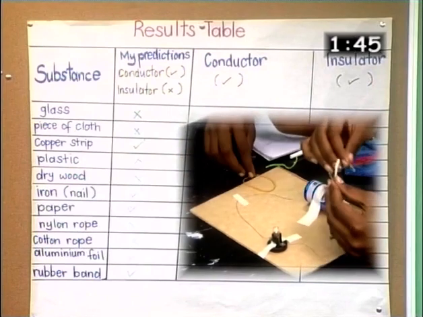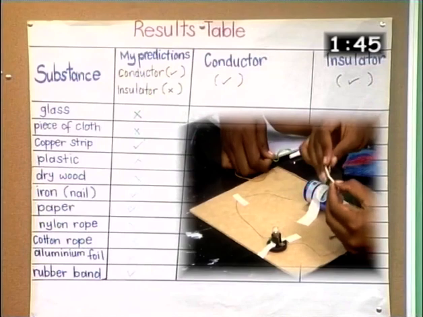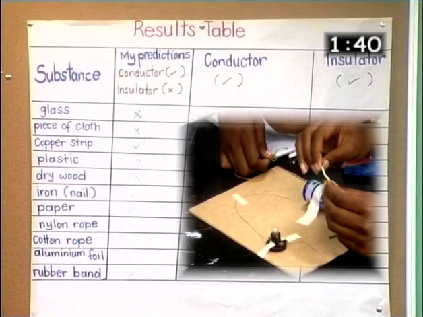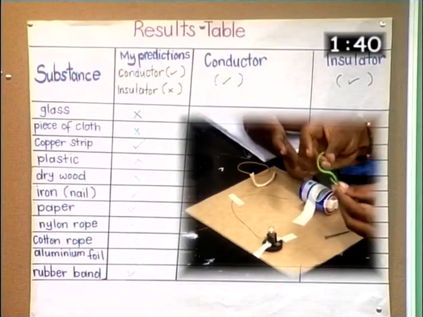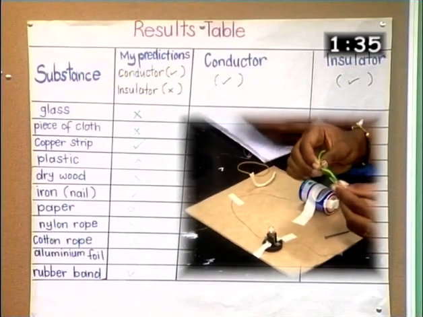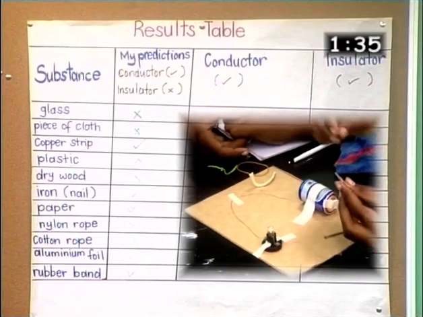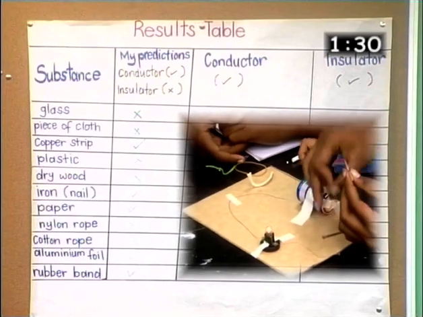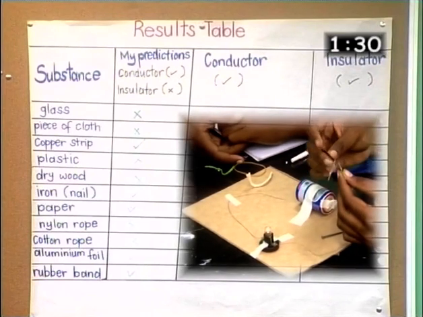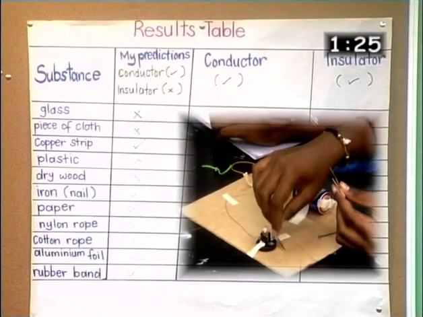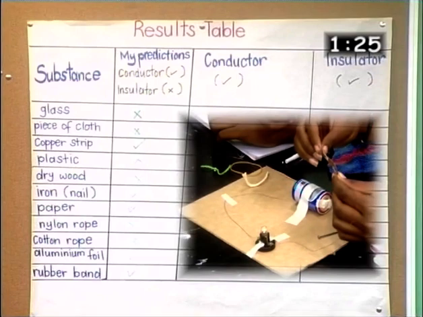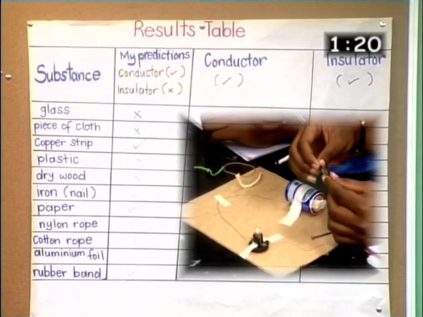You finished all. Where do we have the X and tick here? I told you to disregard the instruction there. Here it says to put a tick if the lamp lights and a cross if it does not. Forget about the cross, because we already have conductor here and insulator here.